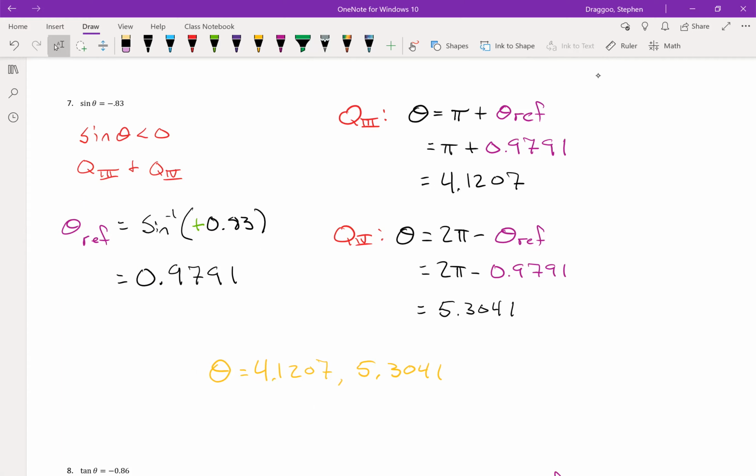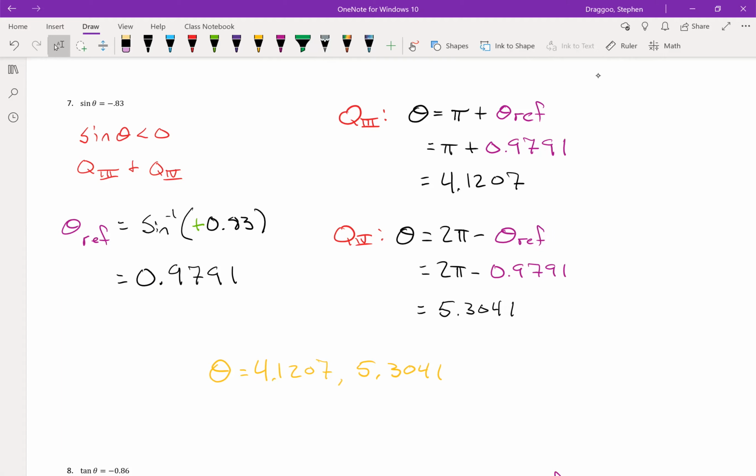So that reference angle will be the inverse sine of positive 0.83, because again, I want the absolute value of that number. So I'll take the sine inverse of positive 0.83, and I get 0.9791, again after rounding to 4 decimal places.